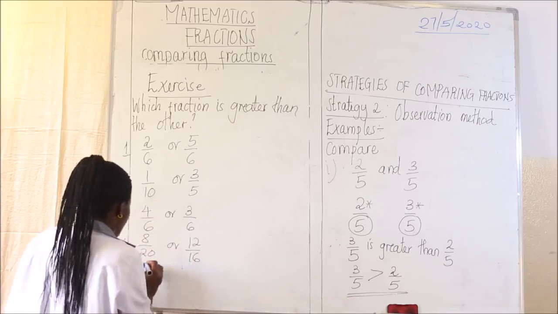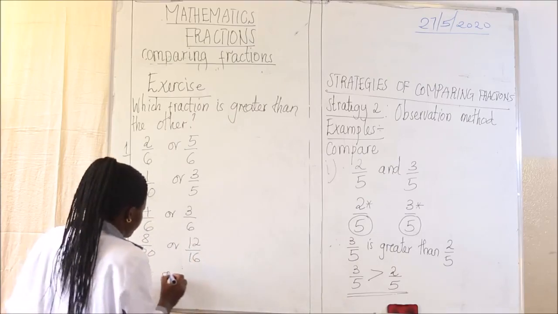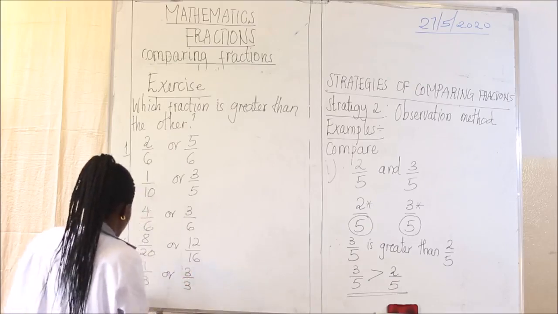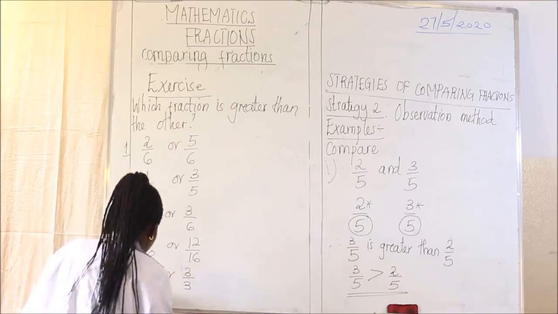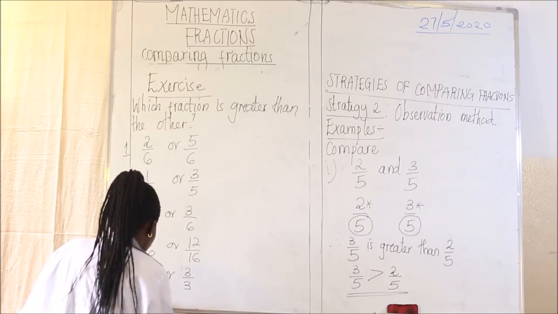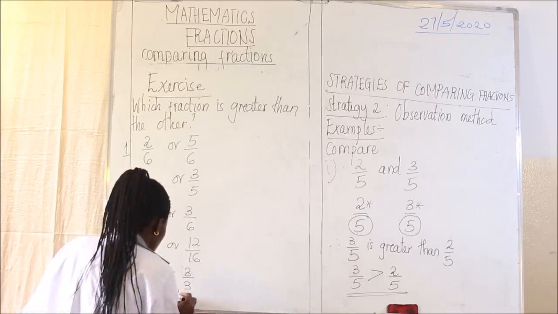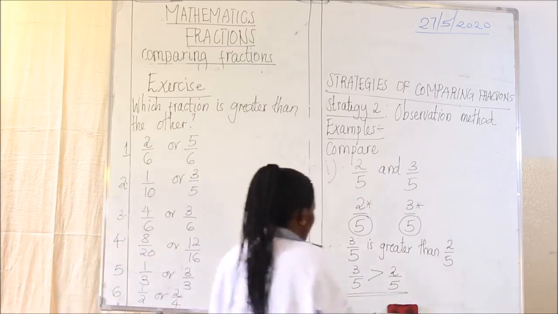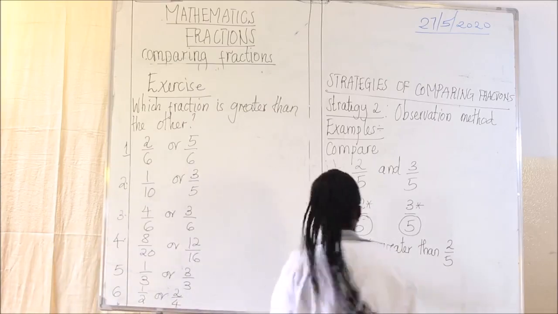Number 5, 1 over 3 or 3 over 3. Which one is bigger? Number 6, 1 over 2 or 2 over 4. You tell me which one is bigger than the other.